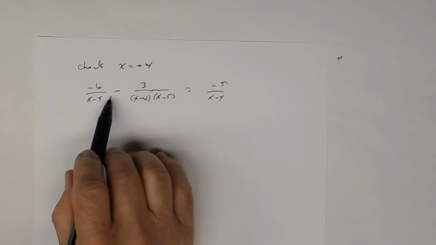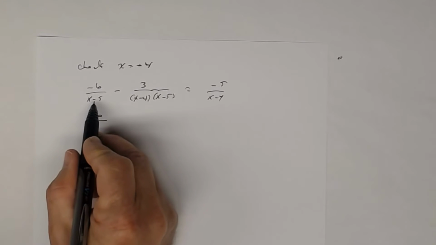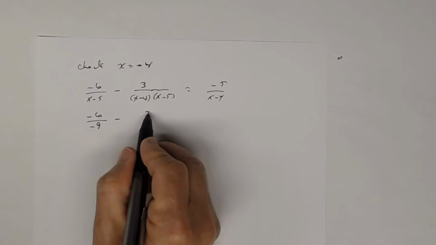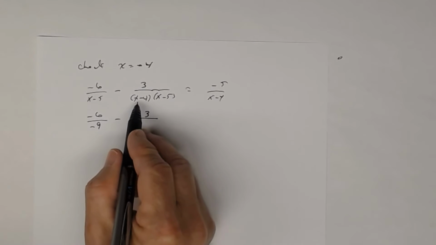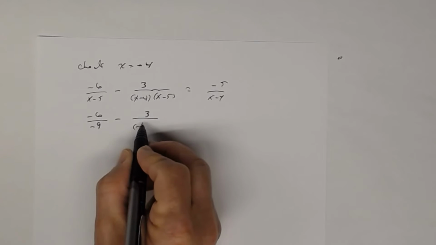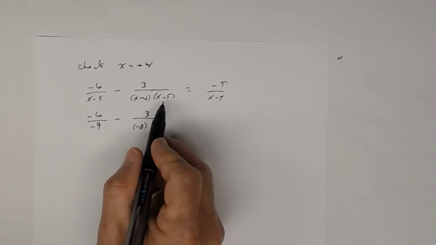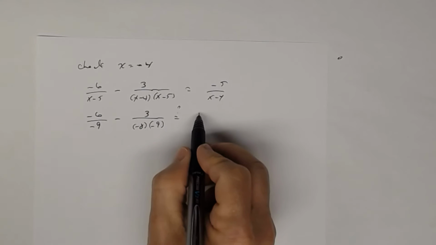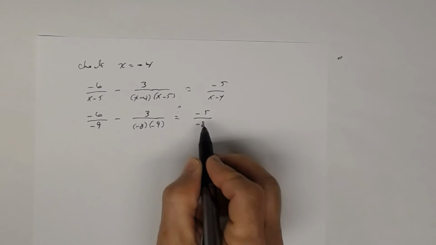So in place of x, I'll substitute negative 4. So I get negative 6 divided by negative 4 and a negative 5, which is a negative 9, right? Minus 3 divided by negative 4 and a negative 4, which is a negative 8, and a negative 4 and a negative 5, which is a negative 9. Equal, I want to see, that's going to equal negative 5 divided by negative 4 and a negative 4, which is a negative 8.